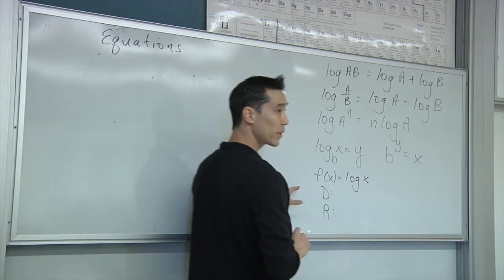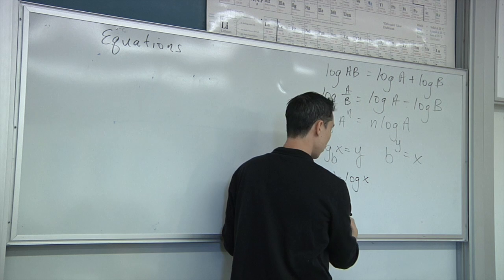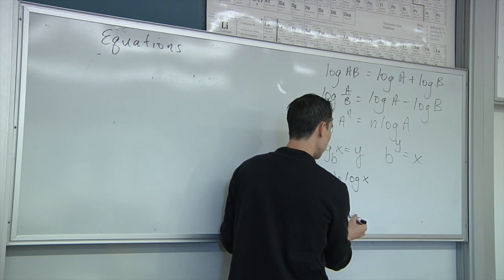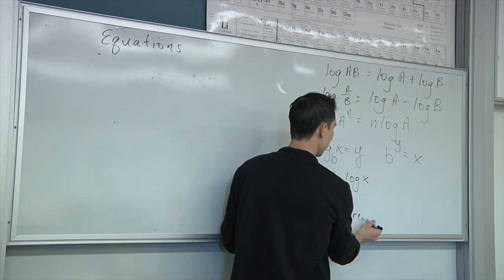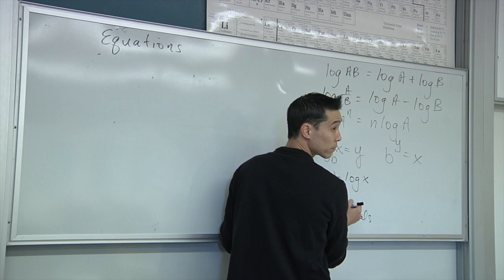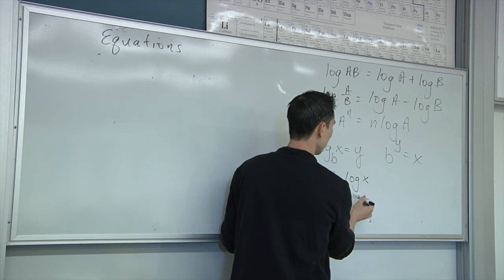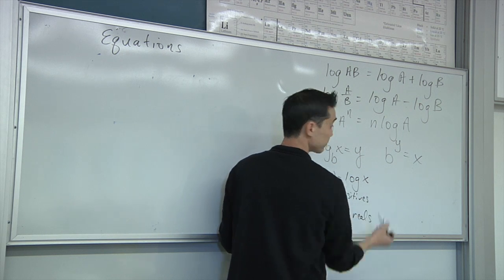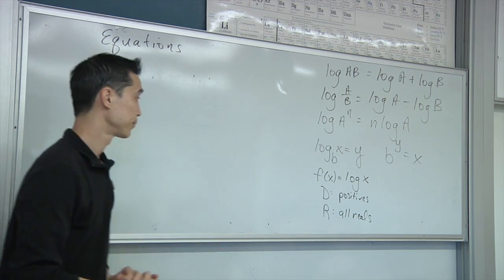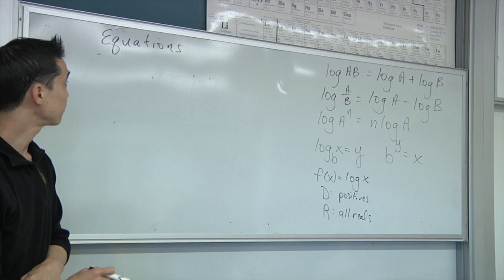All real numbers for the domain of the exponential, which meant all real numbers for the range. What's the domain of the log? Just the positive values. Can you write x greater than 0? Yeah.